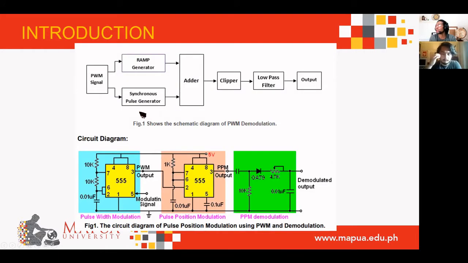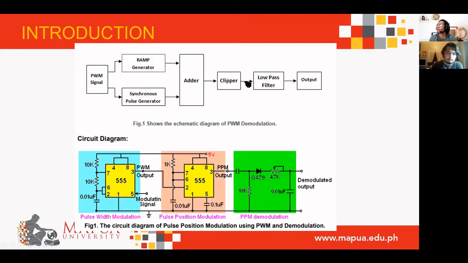To discuss the sample technique, first is the pulse width modulation to pulse position demodulation, where the pulse width modulation signal is input into a ramp generator and compared together with the synchronous pulse generator, and then goes into a clipper circuit.